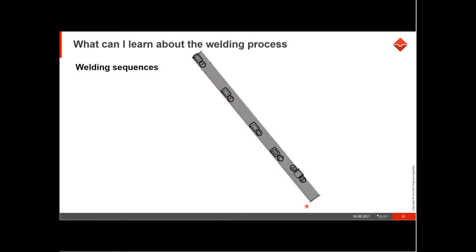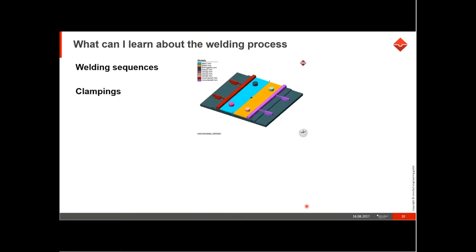What can I learn about welding simulation with our software? Well, of course, the first thing that you can test is different welding sequences. If you have, for instance, a quite complex structure that comprises several different components and has a lot of weld seams, you can manually test different weld sequences and look if they improve the distortion behavior, the stress behavior, or the behavior within a clamping system, which is also something that you can test.